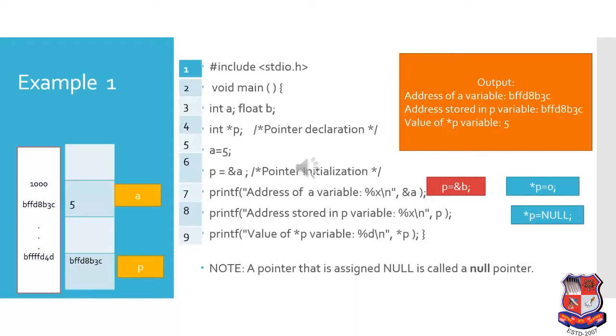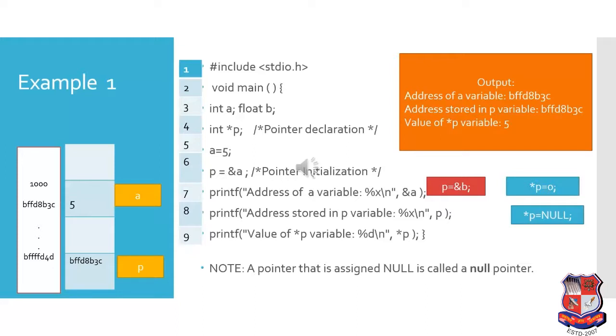Now, the next line, line number 8, we are displaying P, the value of the pointer. What is that? P has the value that is the address of A. So again, the same hexadecimal number BFFD8B3C will be displayed. Clear? Now, line number 9, the value of *P. How do you read the asterisk? Value at address.